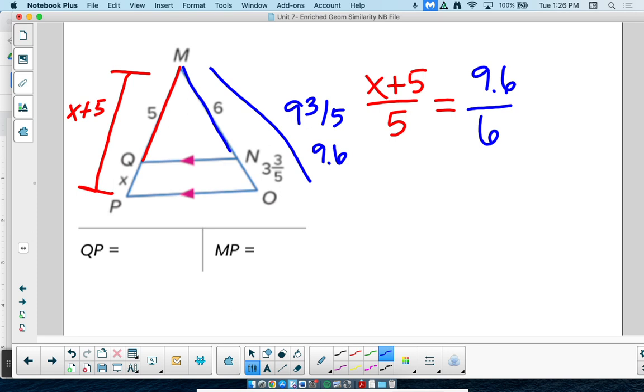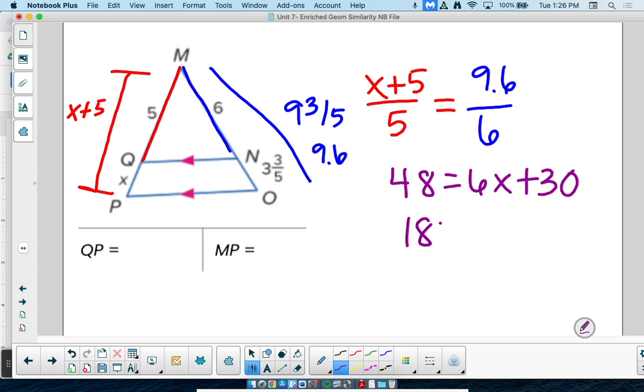Make sure you do 6x plus 30. It's like 48. X equals... NP equals 8. Why is x equal 30?